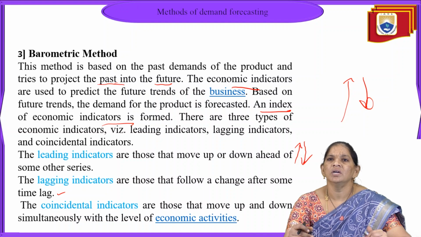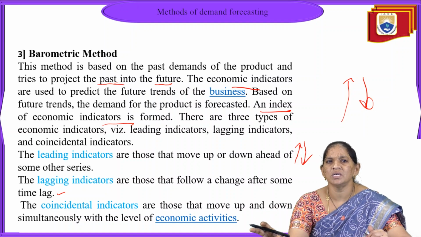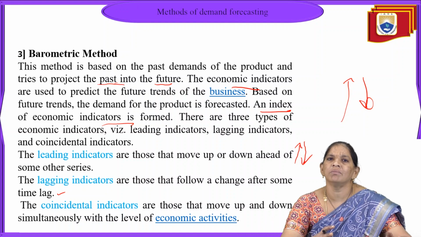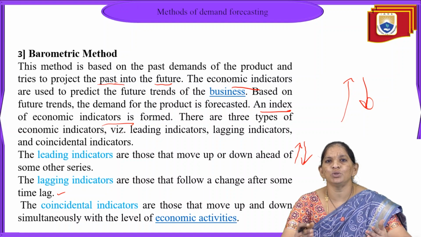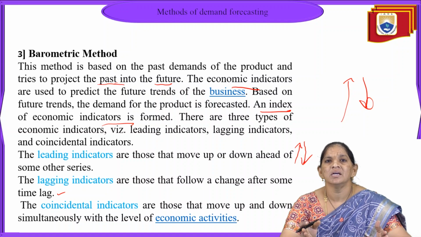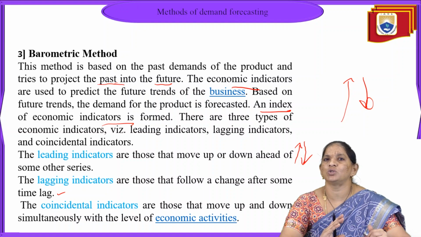For example, if the price decreases for certain goods, immediately after the decrease in price the effect will not show in the market. It will take some time. It will lag. After 1 month, 2 months or 3 months, the sales start increasing. That is called lagging. Some time gap is taken between what we have done and the demand in the market.